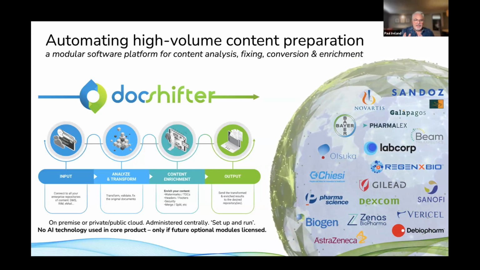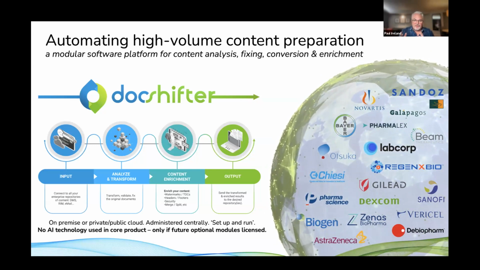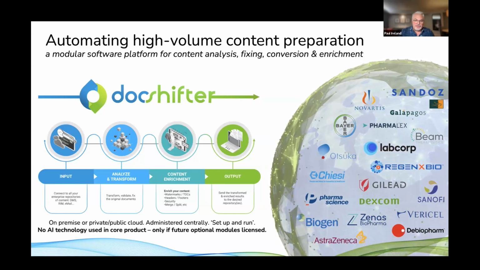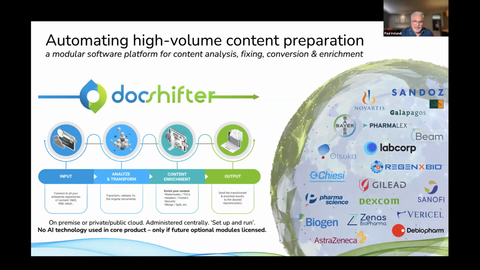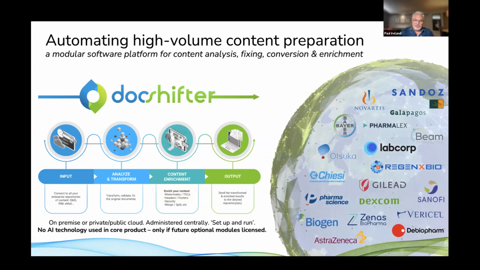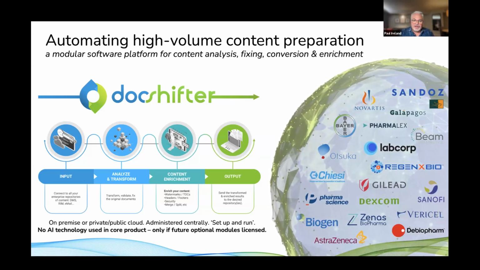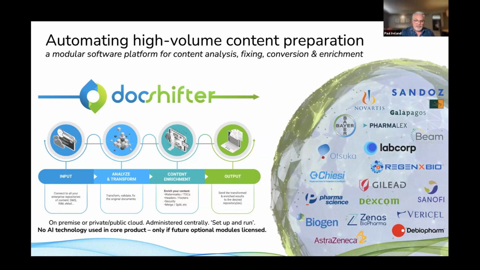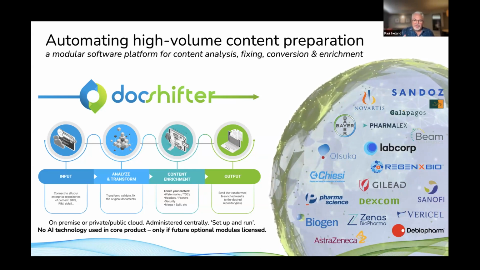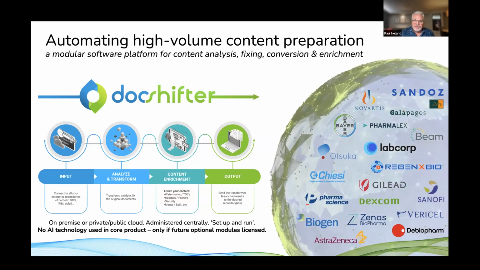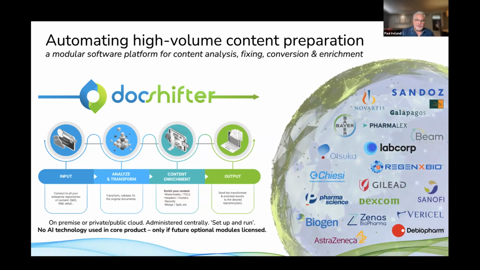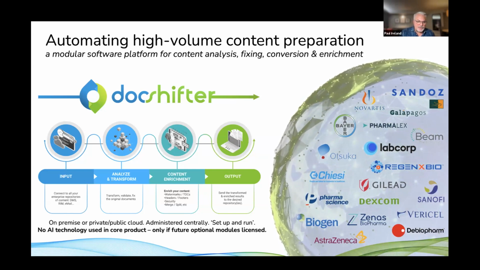We take content, we analyze it, transform it, enrich it, and then produce the results somewhere in some output repository as well, typically in high volumes. Those solutions are typically installed on-premise or in your private cloud, administered centrally for you. It's a platform that can be scaled up for any size organization, from very small startups or biotechs or smaller organizations up to your top tier companies as well.